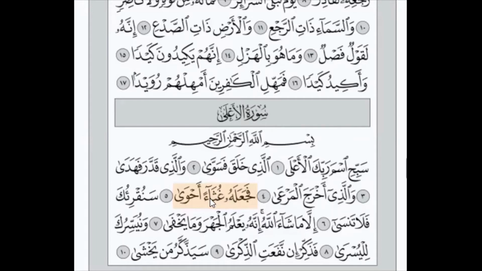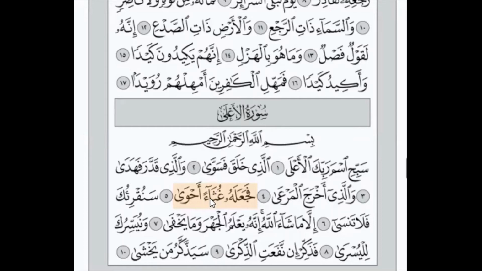Ghutha'an. Here we have ghain, a heavy letter. It has a dhamma, so it's heavy on the 3rd scale. Between the hamza and the fa, there's an alif, and all of this is in the same word. Hamza is the last letter of this word. Therefore, the mad rule here is mad wajib muttasil, يمد بمقدار 4 أو 5 حركات.